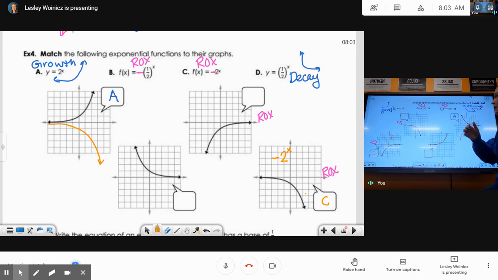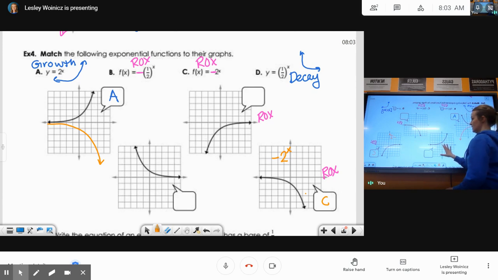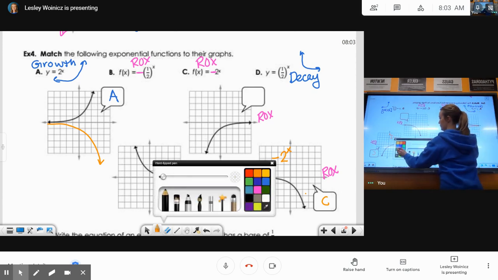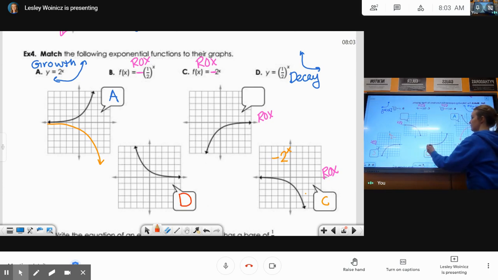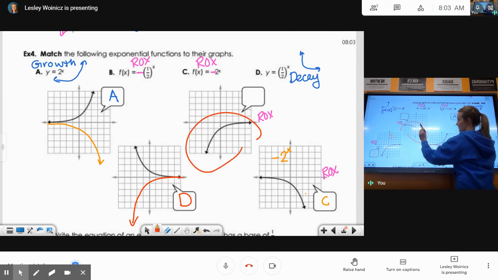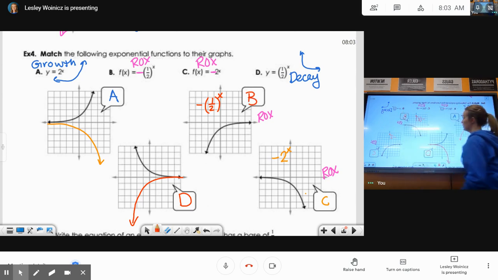Now we'll look at D. Look at D right here. It's that decay. D obviously matches this one right here. Okay. And if we reflect that one, we get this, which looks exactly like that. So this one is the opposite of 1/2 to the x. And that would be B.